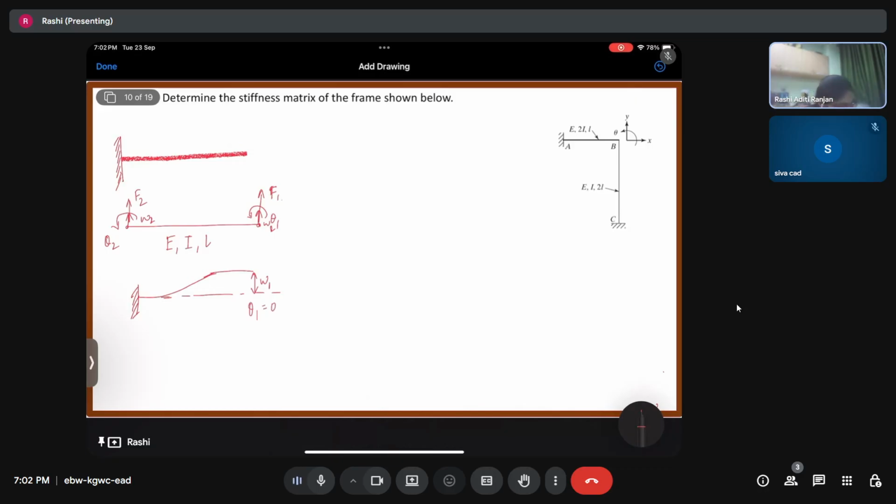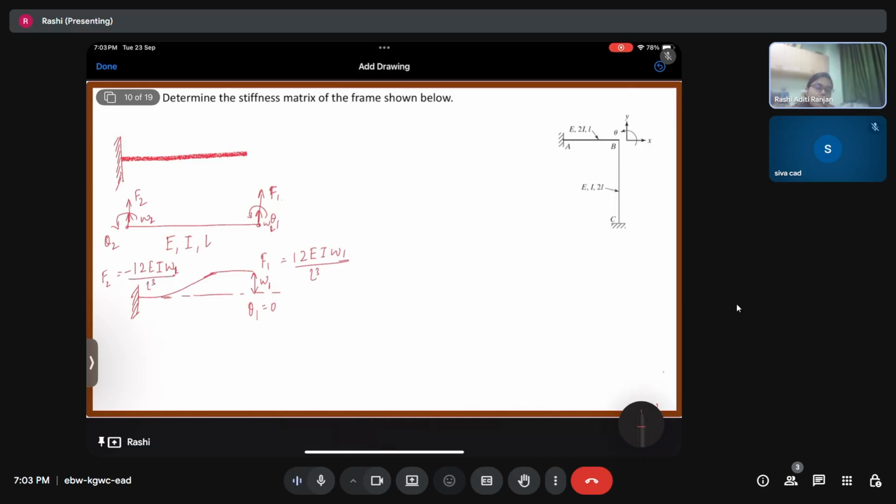Then what are the forces? The force values are given as forces and then moments. So I'll just write it. We have F1 as 12 EI W1 by L cube, F2 as minus 12 EI W1 by L cube.